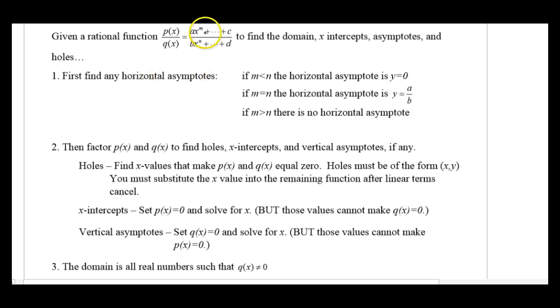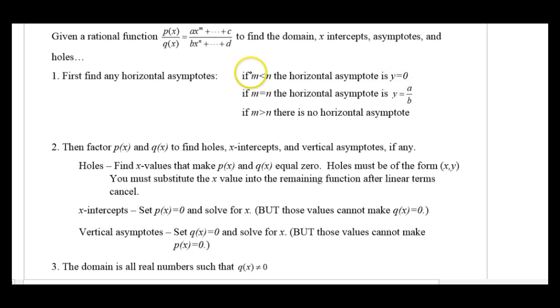And to do that, we have to look at the leading terms, and specifically we have to look at the degree. So the degree of this top polynomial is m, and the degree of the bottom polynomial is n. So if m, the degree on the top, is less than the degree on the bottom, then the horizontal asymptote is y equals 0. It's important we recognize that it has to be the equation of a horizontal line, so y equals.